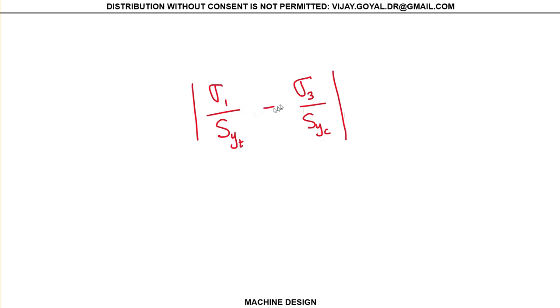And it has to be subtracted. Has to be less than 1 over factor of safety. Okay, so this is how this theory works. And if these were identically the same, then you would basically get the same value as your maximum shear stress theory.